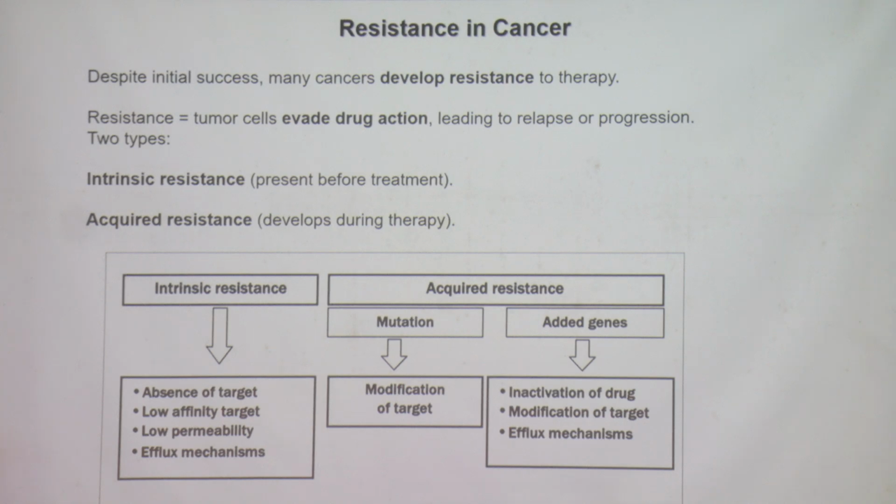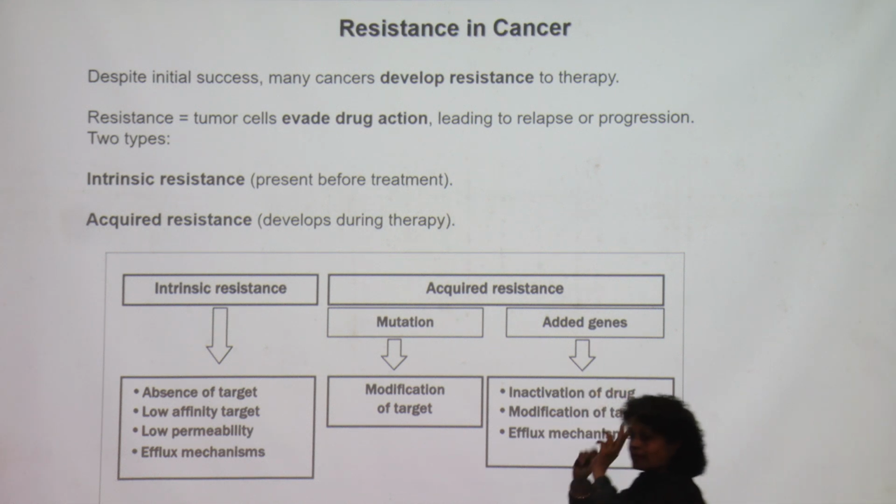Or they have some mechanism so that the drug is not even getting inside the cell. Or there is something above the cell which is blocking access of that drug to come inside the cell. Or there are many receptors which throw the drug out.